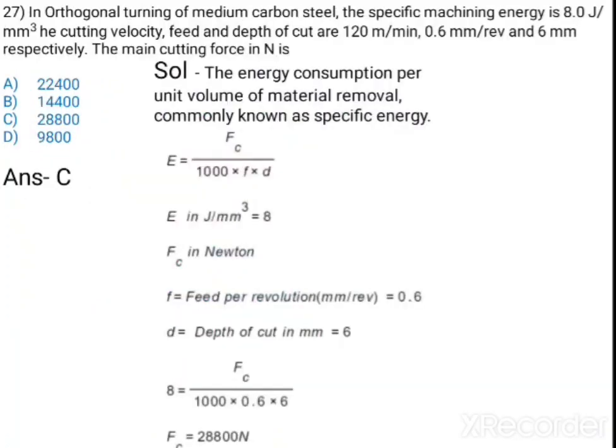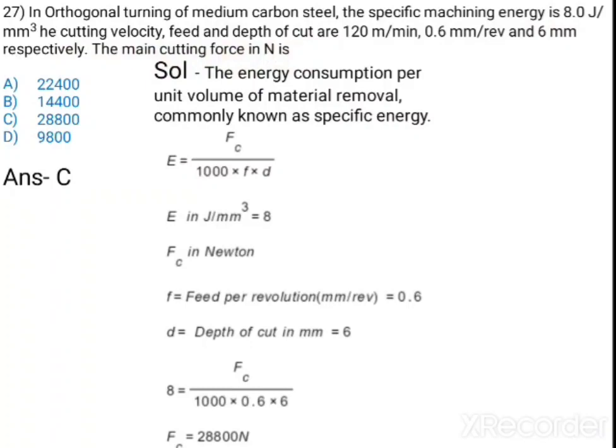Now the next question. In orthogonal turning of medium carbon steel, the specific machining energy is 8 joule per mm cube. Cutting velocity, feed and depth of cut are 120 meter per minute, 0.6 mm per revolution and 6 mm respectively. The main cutting force in Newton is, very easy question, just a simplified formula.